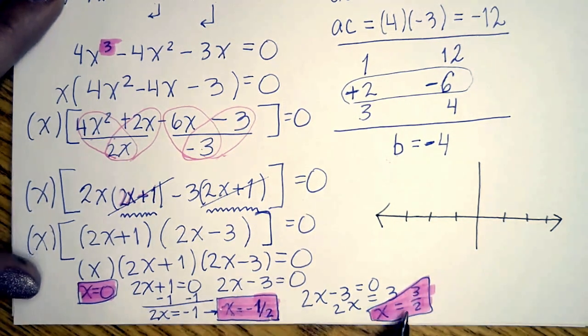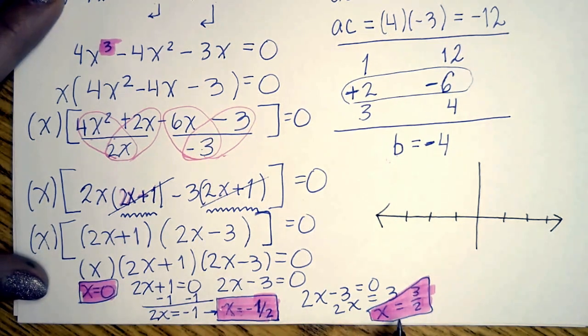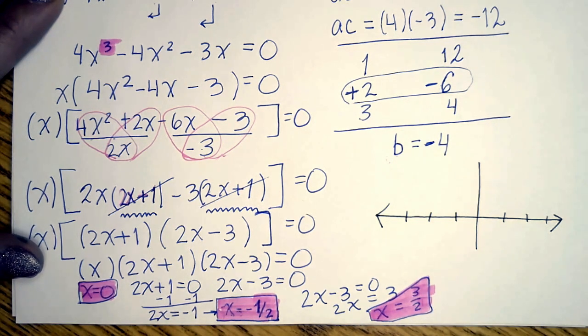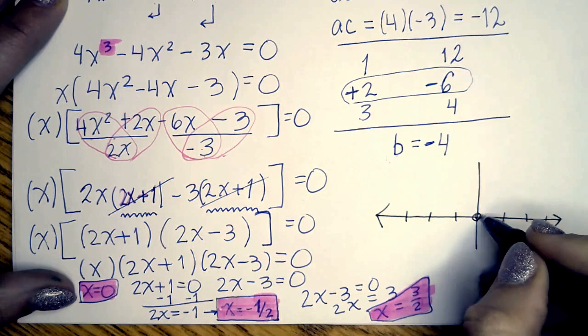My solutions are also what's the Z word? Zeros. And zeros are your what? Roots. What else? X-intercepts. So my x-intercepts are 0.